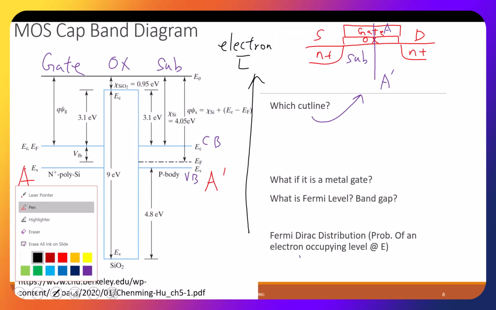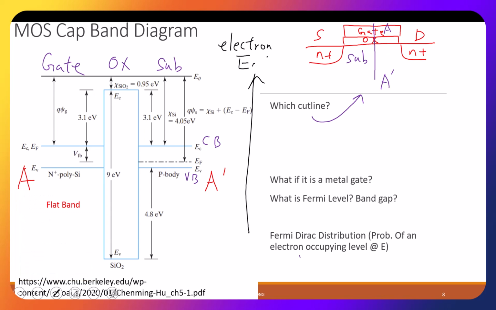For example, if my electron is at this point, compared to an electron at this point, the difference in energy is 3.1 eV. Again, what's eV? It is the energy gained by one electron when it travels across a potential difference of 1 volt.